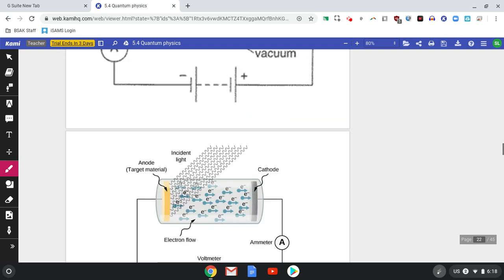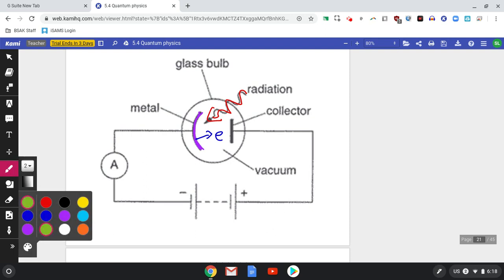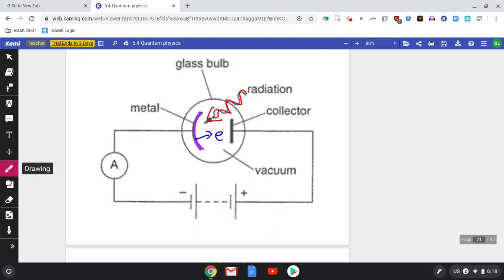Okay, now this shows it a little bit better here. If we turn the battery around, say we had the battery like this, where that was the negative terminal.